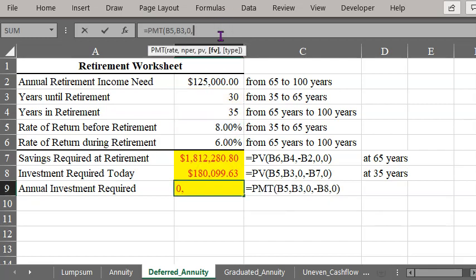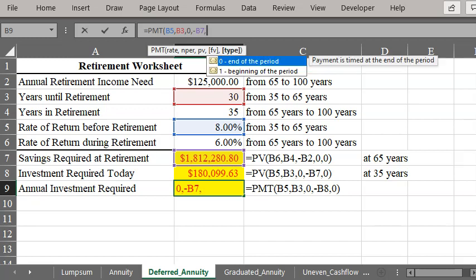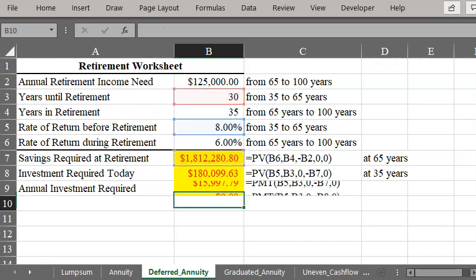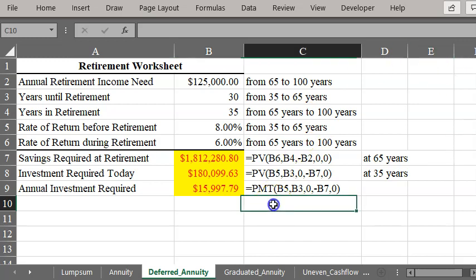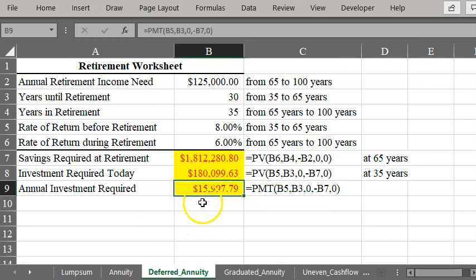Present value is 0 because she doesn't have any savings today, and the future value is going to be $1.812 million. We have to have a negative, and 0 for end of time period. Okay, so basically she needs to save, this is the answer, $15,997.79 every year, so she can have $125,000 when she retires.